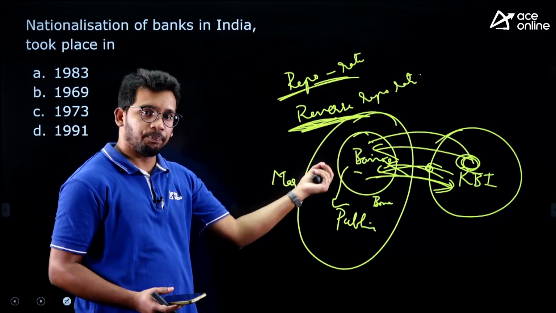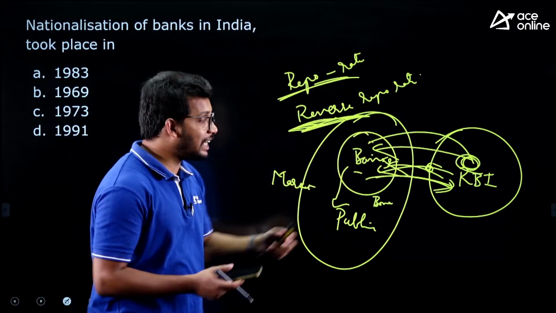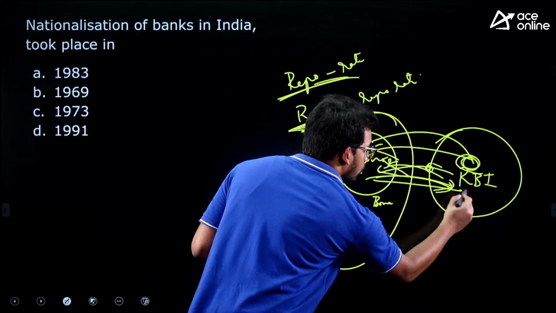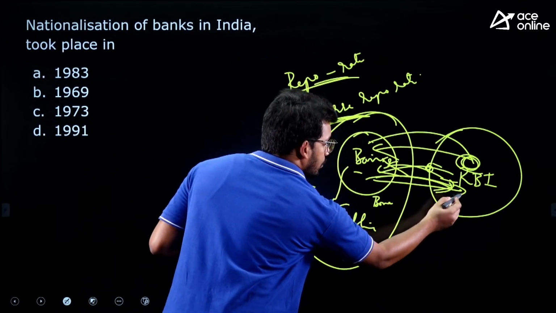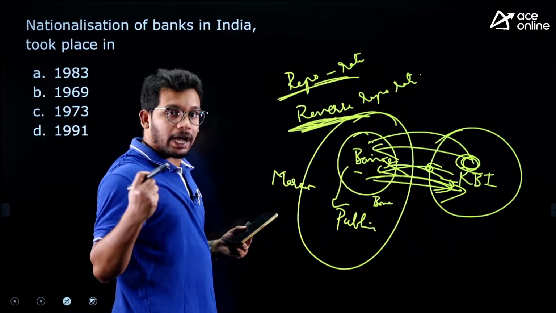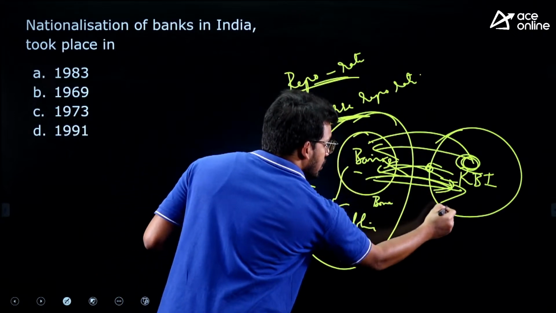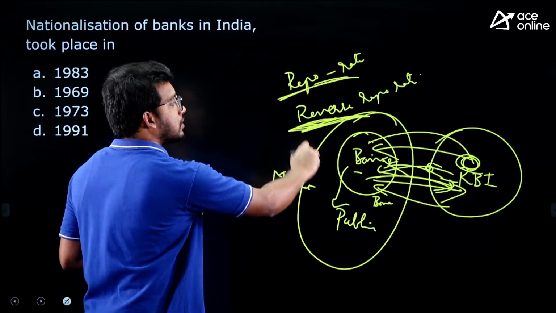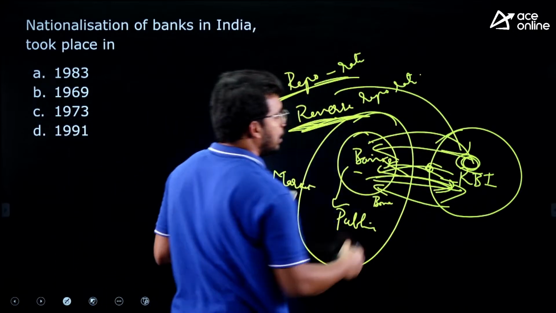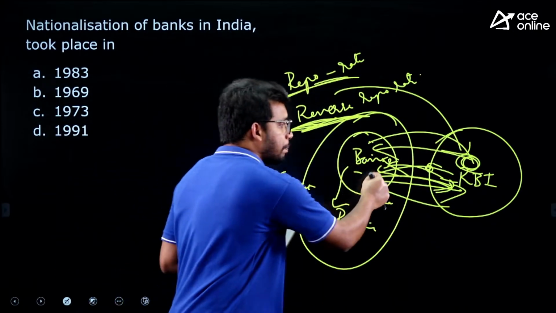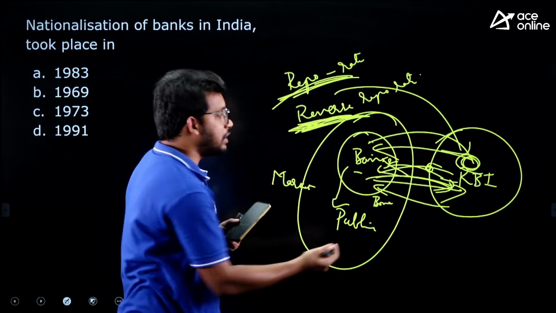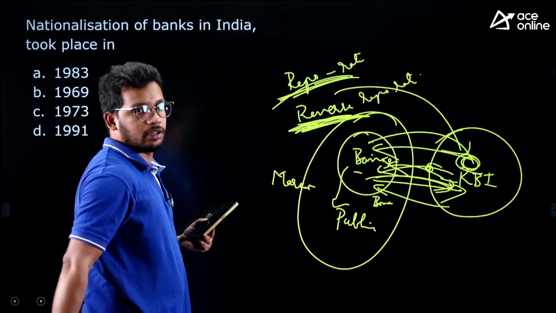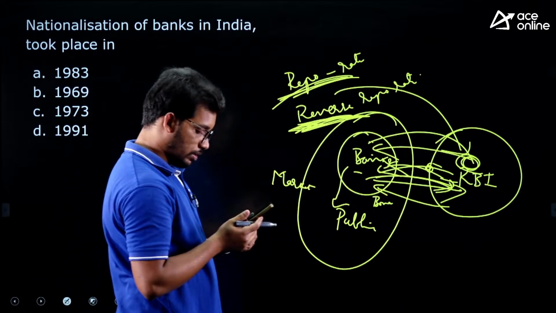The interest which banks pay to RBI is called the repo rate. And whenever RBI wants to take back money from the market, the interest paid by RBI to the banks is called the reverse repo rate.